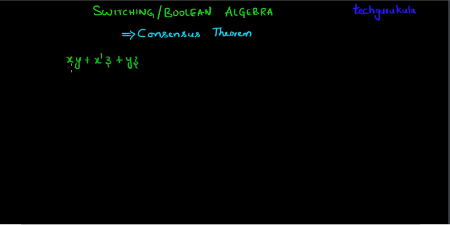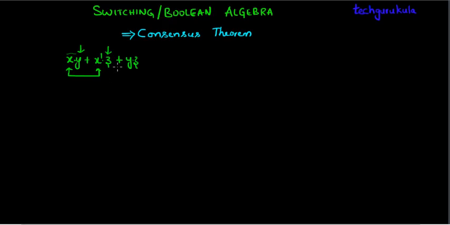So let me summarize here. If you have a variable and its complement in two product terms, we call each one a product term because it's a logical product. So x and x bar are in these terms, and y and z are different variables.